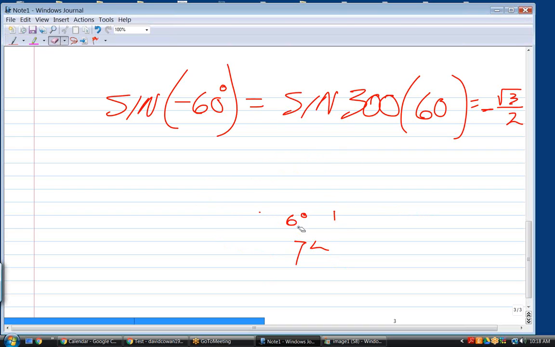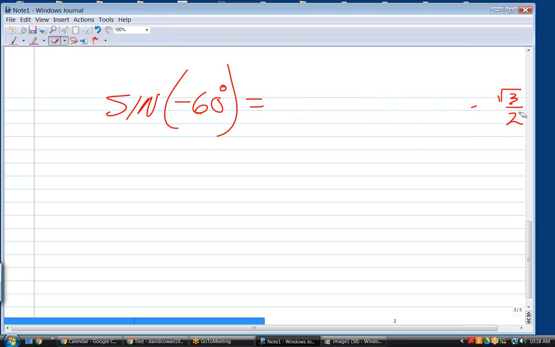Here's the easy way. Sine is an odd function, meaning the sine of minus x equals the minus sine of x, because it is odd. I can make this statement. Cosine is even.